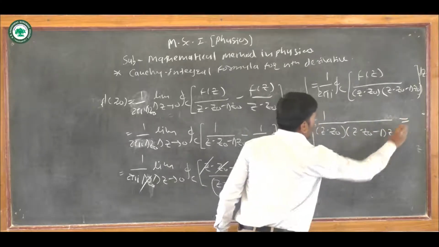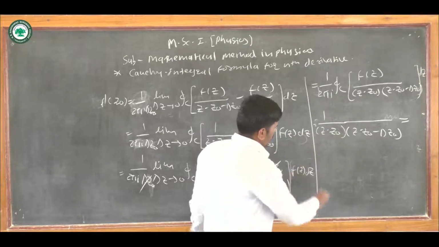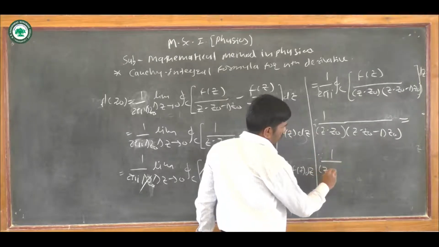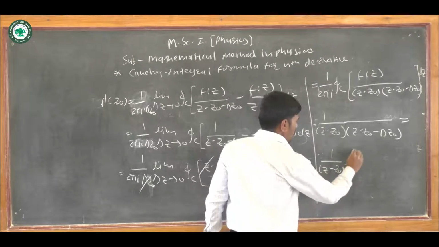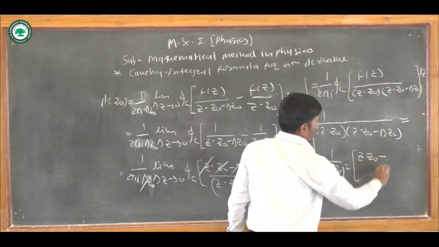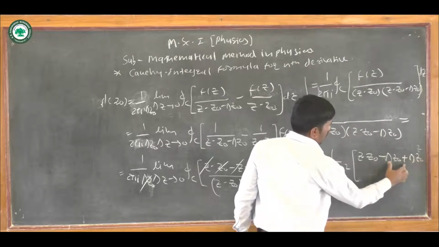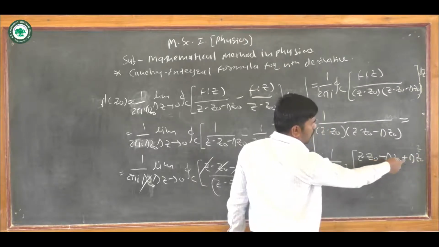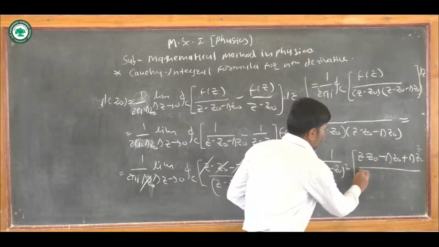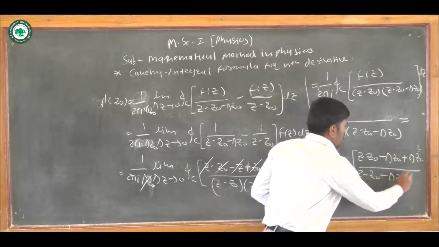If I take out this z minus z naught as common, this is equal to 1 by z minus z naught whole square into z minus z naught minus del z naught plus del z naught. Just for simplicity I write this minus del z naught plus del z naught, and divide by z minus z naught del z naught.